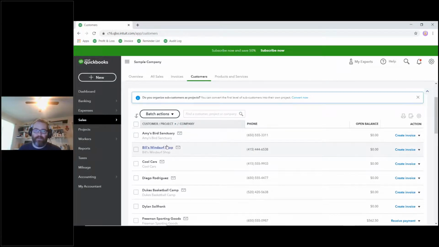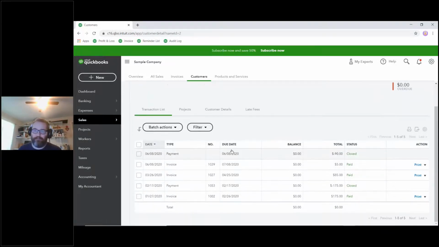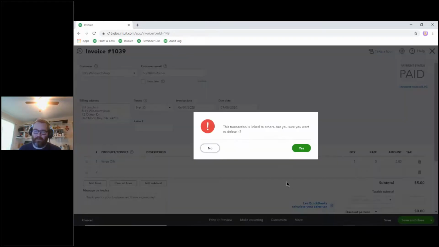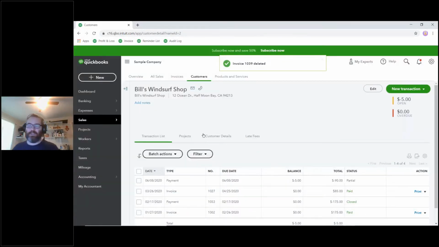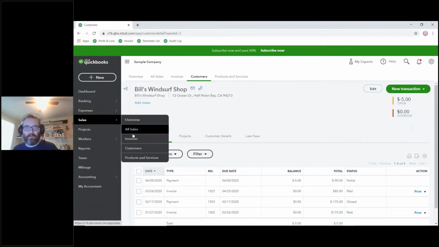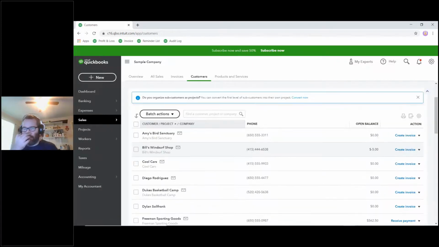But what if you wanted to return the $5 to them? That's tough. How do we do that? I'm going to go ahead and delete this invoice. This is actually the toughest one of them all. And it's really easy to make a mistake at this point if you want to return that money.